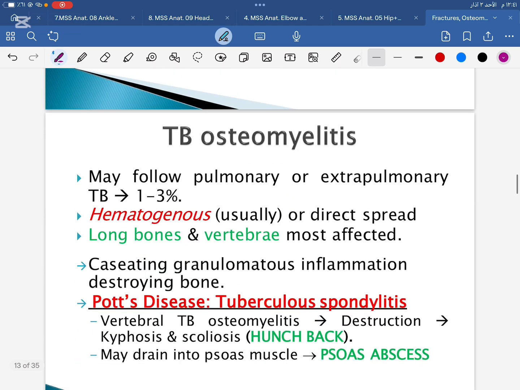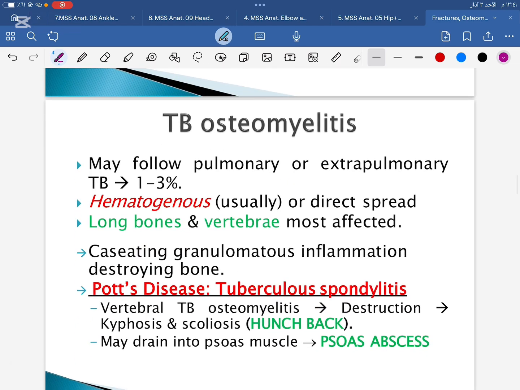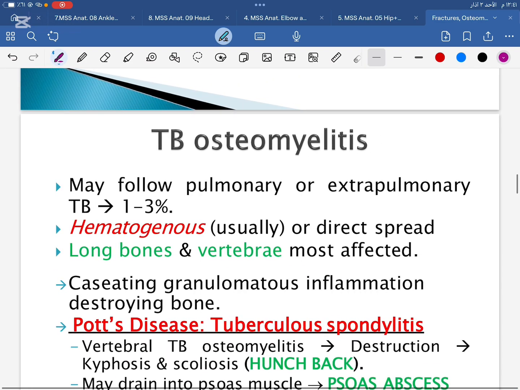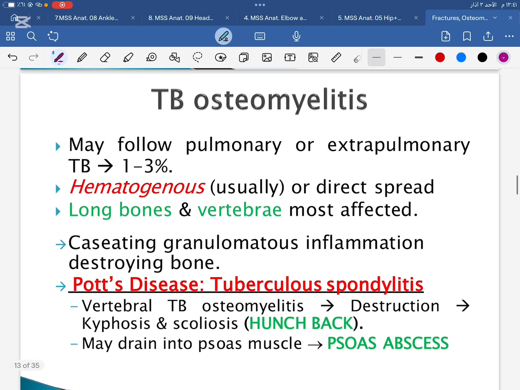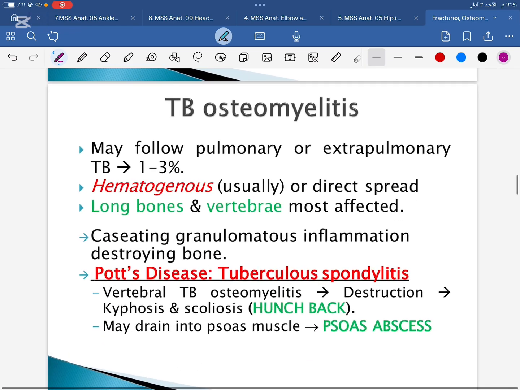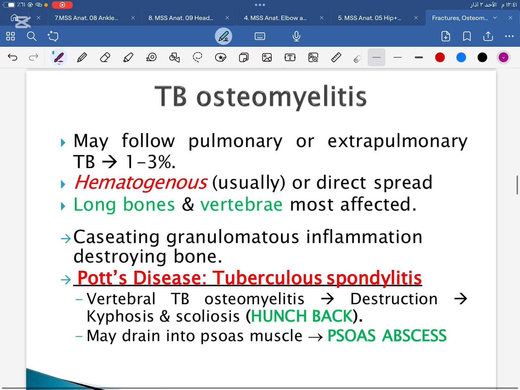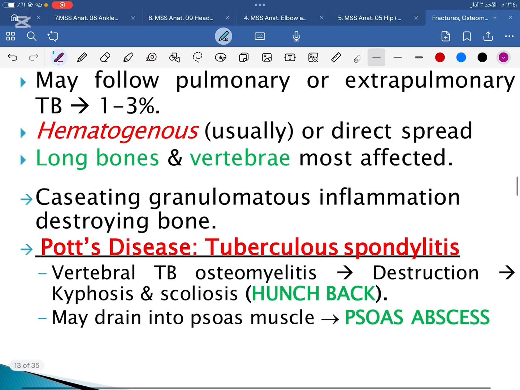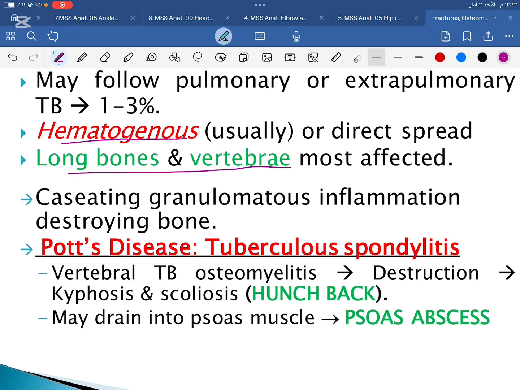This is tuberculous osteomyelitis. It may follow pulmonary tuberculosis or extrapulmonary TB in 1 to 3% of cases. Usually it is hematogenous spread through blood to the bone, or direct spread from the lung or any soft tissue TB infection.